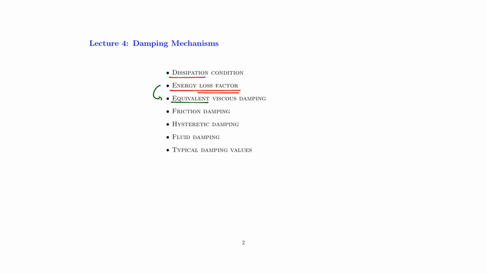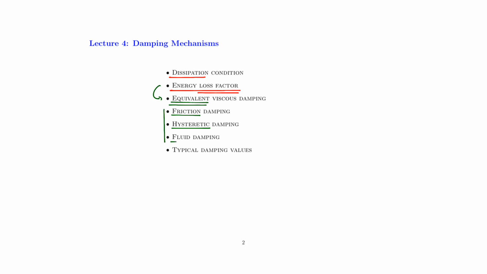So out of convenience, it's a good idea to transform your general damping model, maybe even your loss factor obtained by experiments in the lab. You convert that into a viscous damping coefficient, and we will refer to that as the so-called equivalent viscous damping coefficient. And the following 3 bullets all consider different types of non-viscous damping models based on friction, based on hysteresis, or structural damping that is frequency independent, also referred to as hysteretic damping.